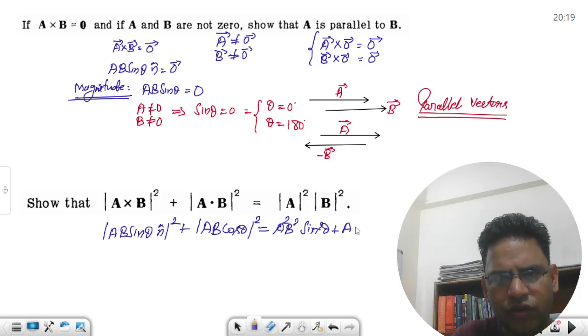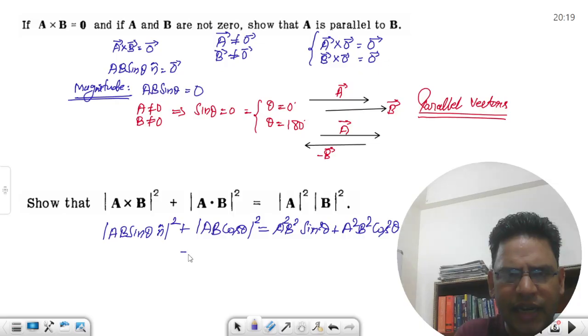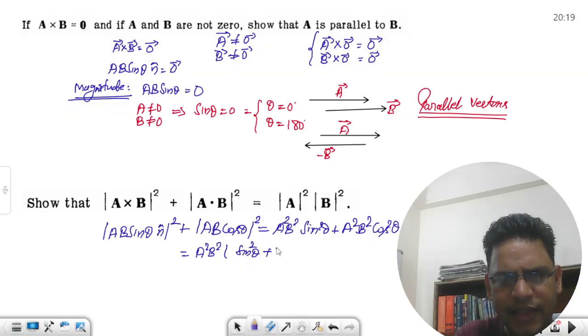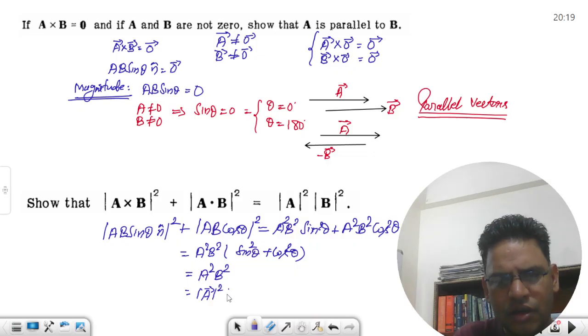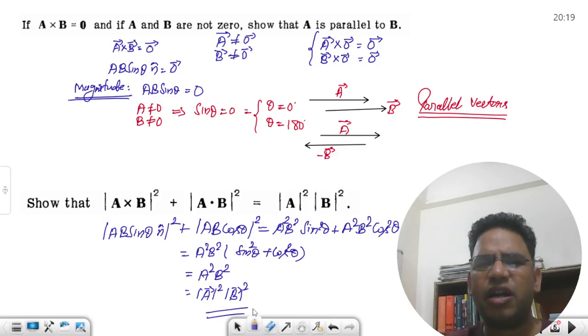From here you get a squared b squared cos squared theta. Once you take out a squared b squared from these two terms, what are you going to get? You're going to get sin squared theta plus cos squared theta equal to 1. So essentially you have a squared b squared. You can rewrite it like this. This is the same as a squared b squared.